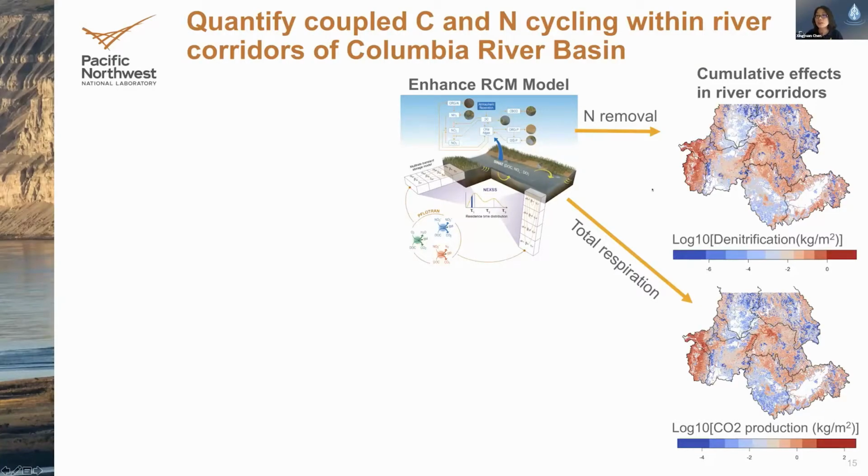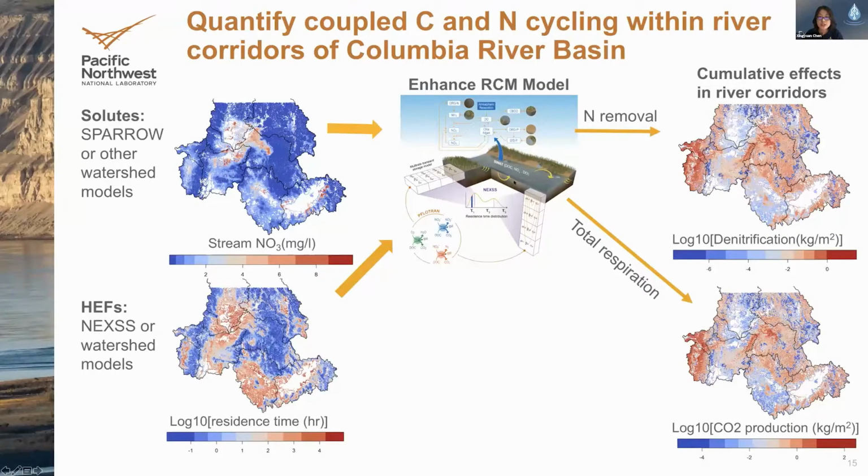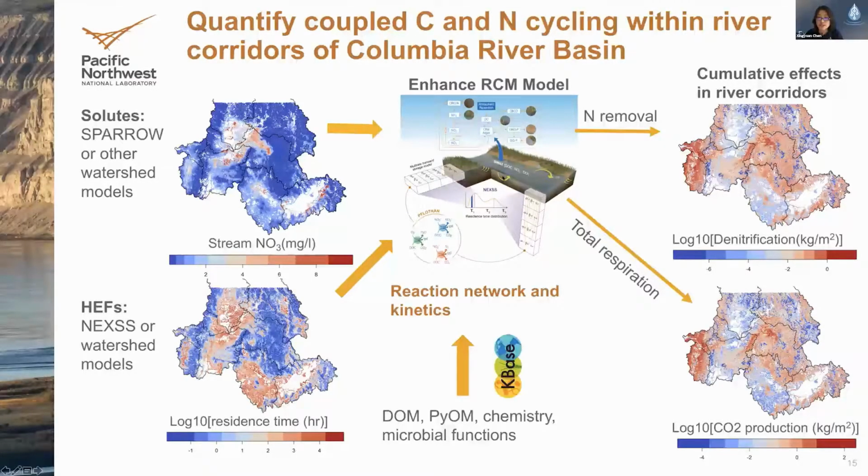It's the output we get from our river corridor model, and this model requires 3 major inputs. One is solutes in the river over here, and then we need to know how much exchange is happening between the river and the groundwater. And we also need to know what reactions occur and how fast they occur at each place.